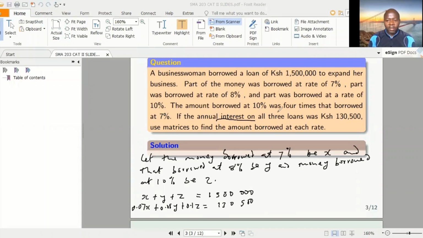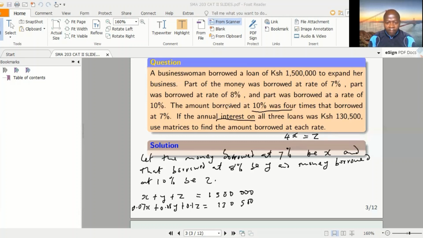Now, there's something else that this question says. The question says that the amount borrowed at 10% was 4 times that borrowed at 7%. So that means that if I took the money borrowed at 7%, which is x, and multiplied by 4, I would get the amount borrowed at 10%.